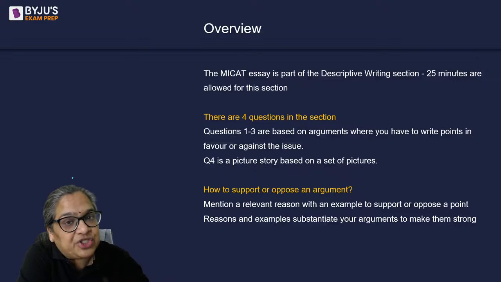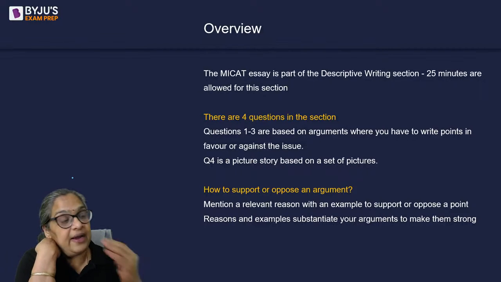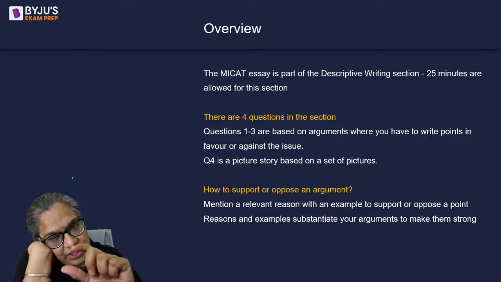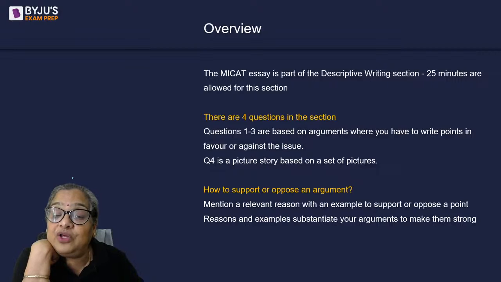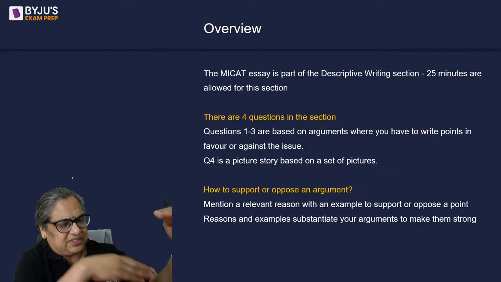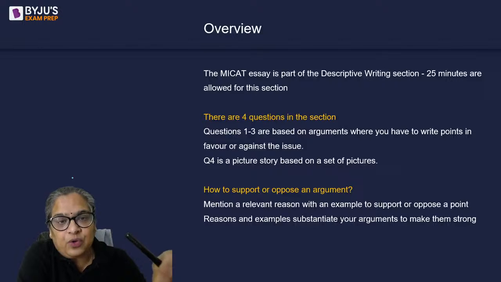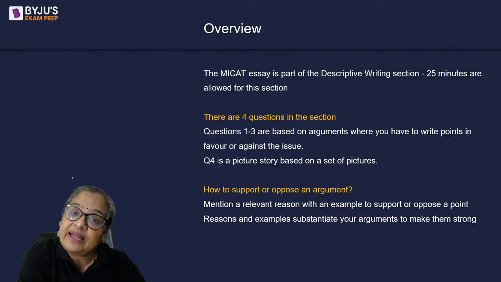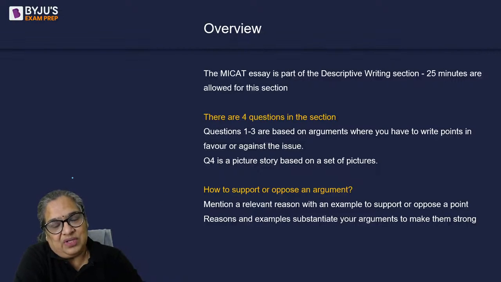The first 3 questions are based on one argument, where they give you a statement and ask you to write 3 or 5 arguments in favor of the statement, with space for an essay of around 250 words. Second question, write 3 or 5 points against the topic. Again, 200 or 250 words of space is given. Third question, what is your view?